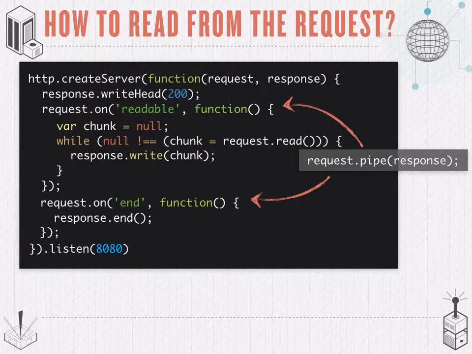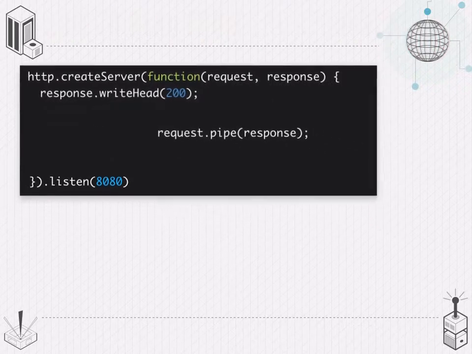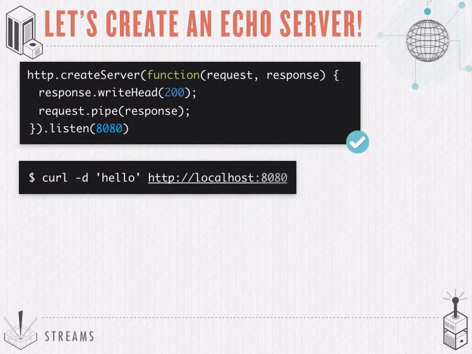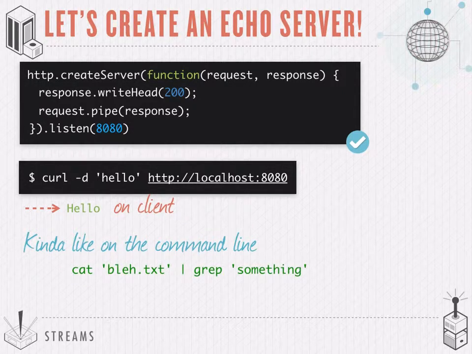So we can replace all of this code with this one line. Now, when we run curl from the terminal and send in the string hello, we can see that string being sent back. In case you're used to the Unix syntax, then you might remember pipe from the command line, which streams the output of one operation to the input of the next one.